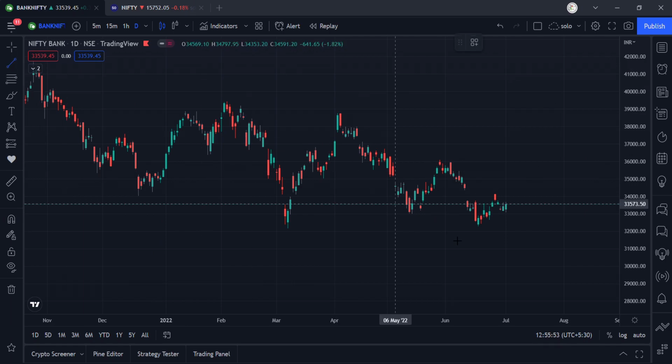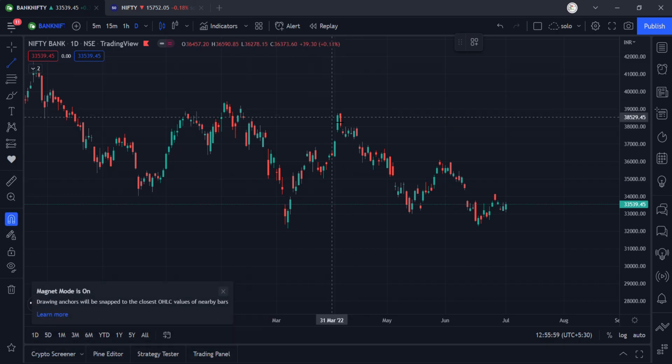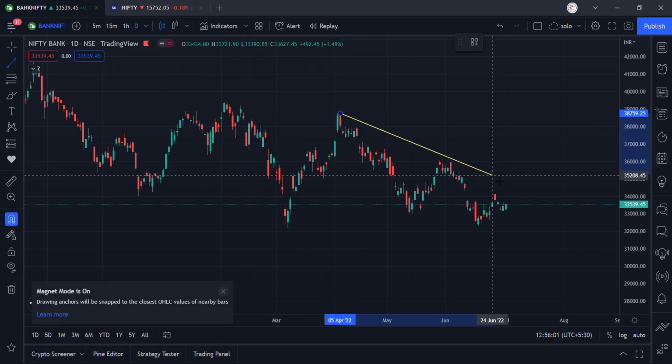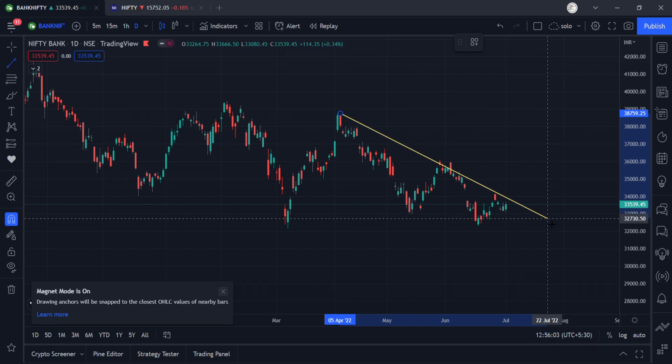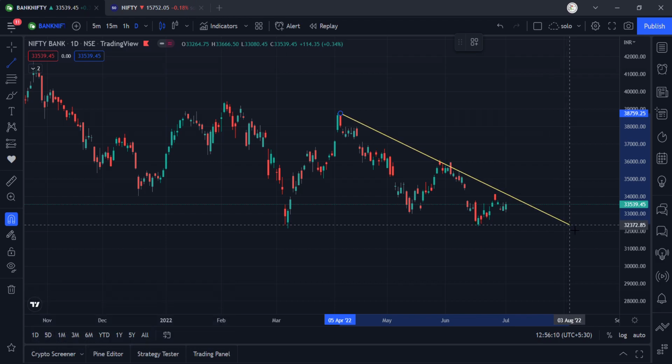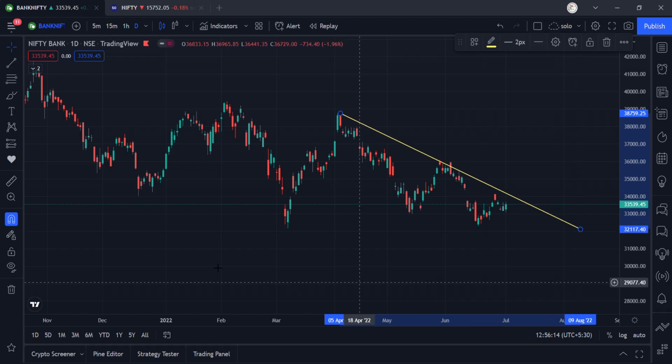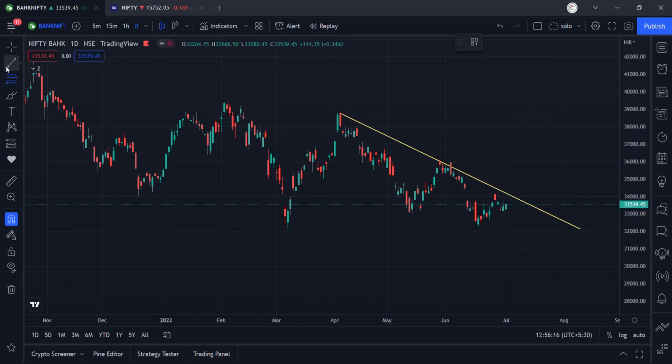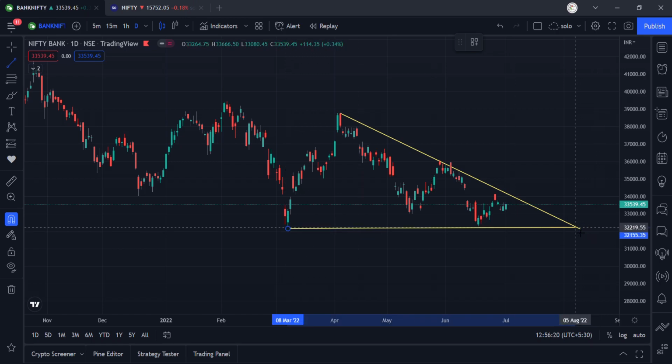This is a 1-day time frame. As you can see, we are facing a triangle pattern in Bank Nifty in a 1-day time frame. From this, it's facing a support.